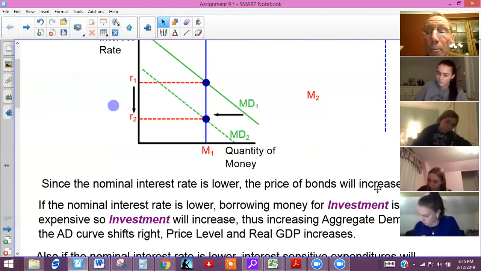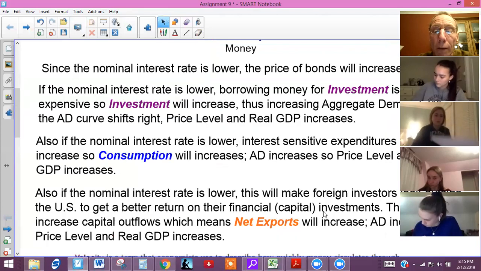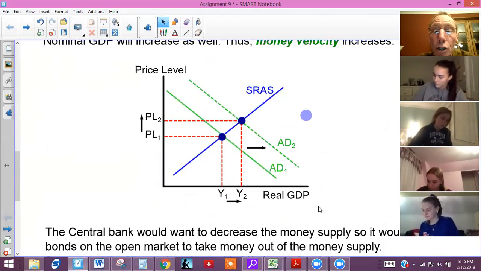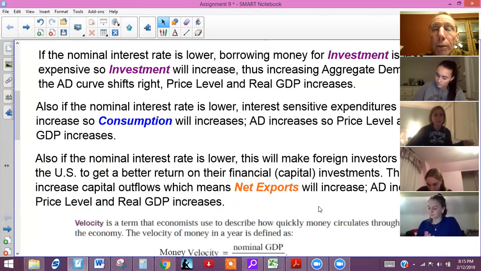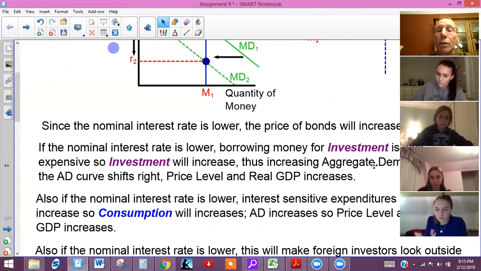Okay, so if the nominal interest rate is lower, borrowing money for investment is less expensive. So investment will increase. And as you should know, be very sure about by now, investment is part of the aggregate demand function.